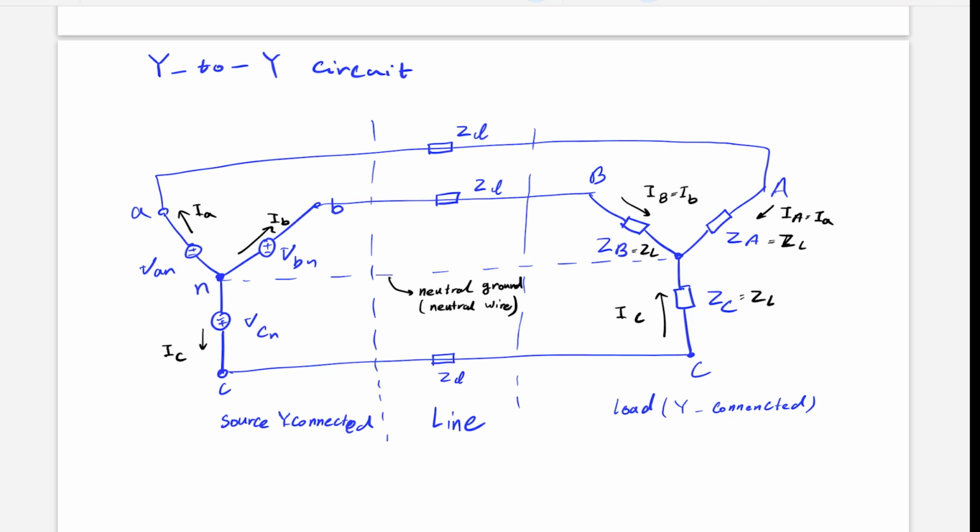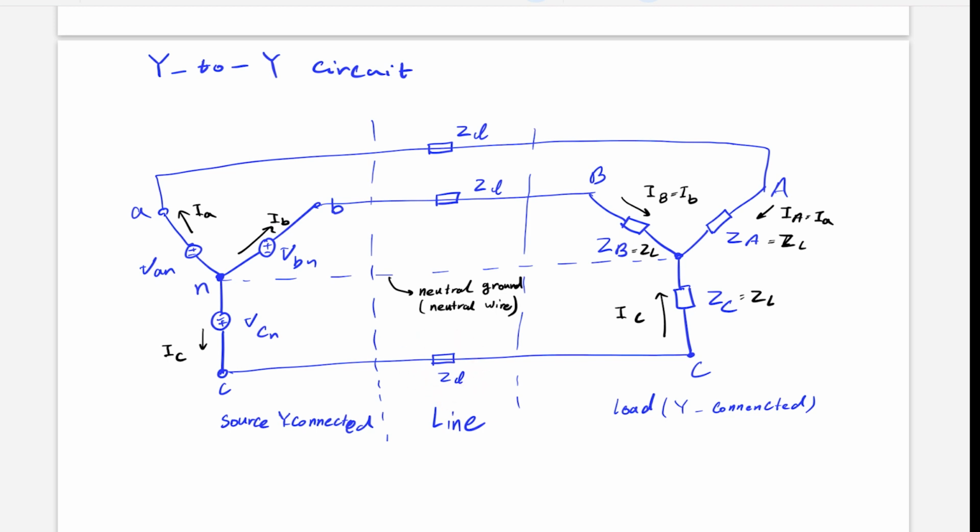So that's why we say these are balanced, because everything is symmetric. You can see VAN, VBN, VCN in terms of magnitude will be equal to each other, and their impedances will be equal to each other as well. So IA will be equal to this one. They will be the same as well.